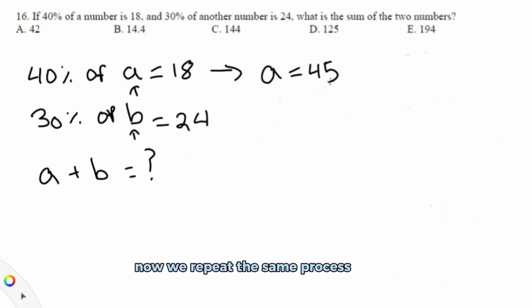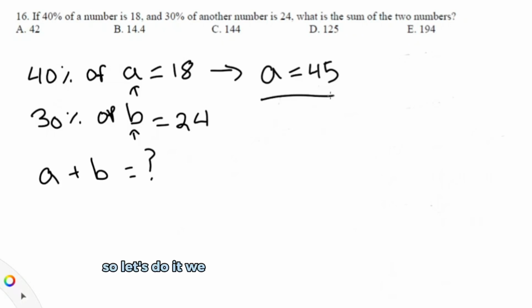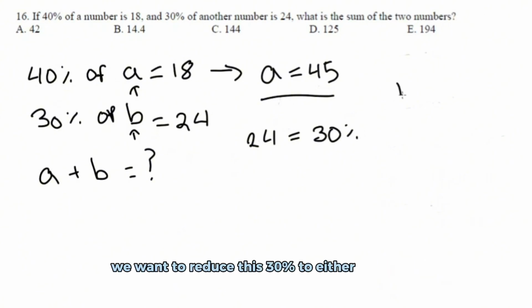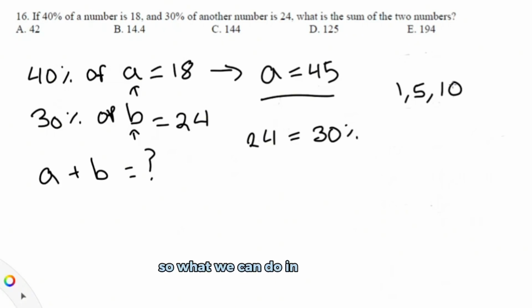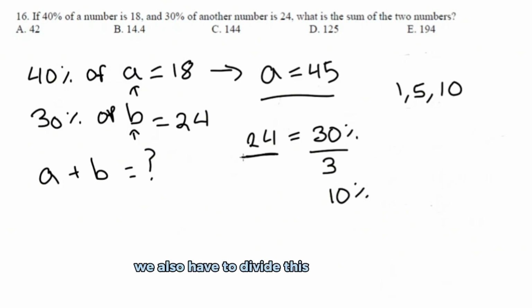Now we repeat the same process with B. So let's do it. We know that 24 is equal to 30% of B. We want to reduce this 30% to either 1, 5, or 10. So what we can do in this case, similar to the last problem, is divide this side by 3 to get 10% on this side, which means if we divide this side by 3, we also have to divide this side by 3. 24 divided by 3 is 8, which means 8 is equal to 10%.